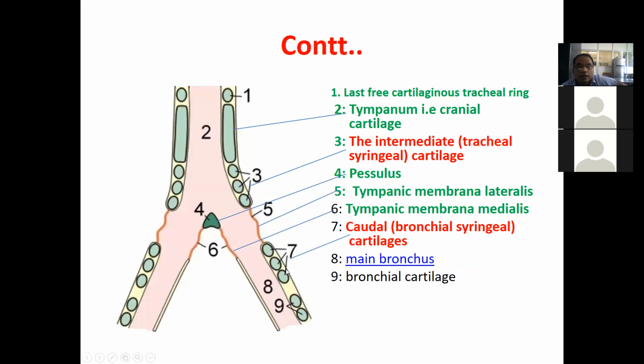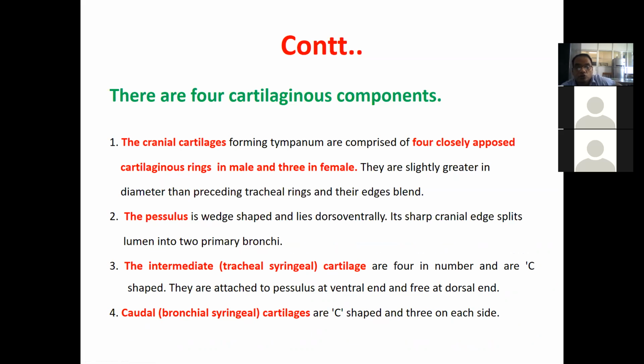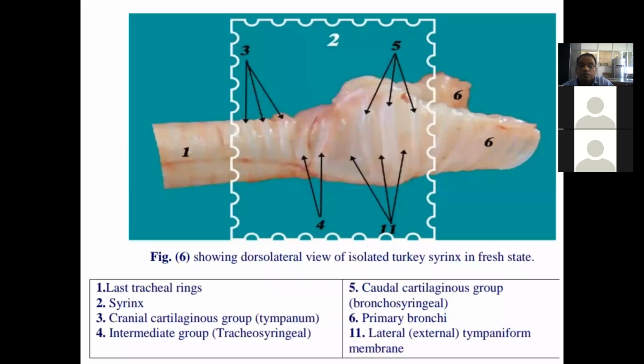This caudal cartilage or bronchosyringeal cartilage also has the C shape and three on each side. Here only two cartilages are showing in the intermediate, but it is four in number in case of the fowl, because this picture is taken from the turkey. So here only two intermediate cartilages are visible, but it is actually four in number in case of the domestic fowl.